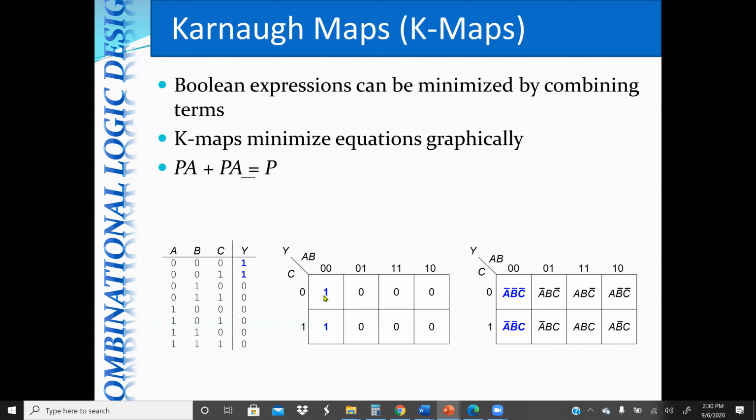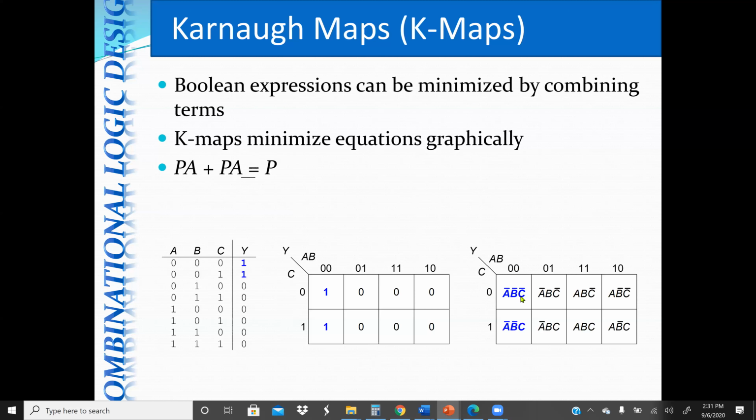Now, if we want to use this to simplify the expression, instead of writing 1s and 0s, we can write the variables. If it's 1, it means it's A. If it's A inverted, it means it's 0. So you can see the first column and the first row, we have A invert, B invert, C invert, because AB is 0 0 and C is 0, so they are all inverted.